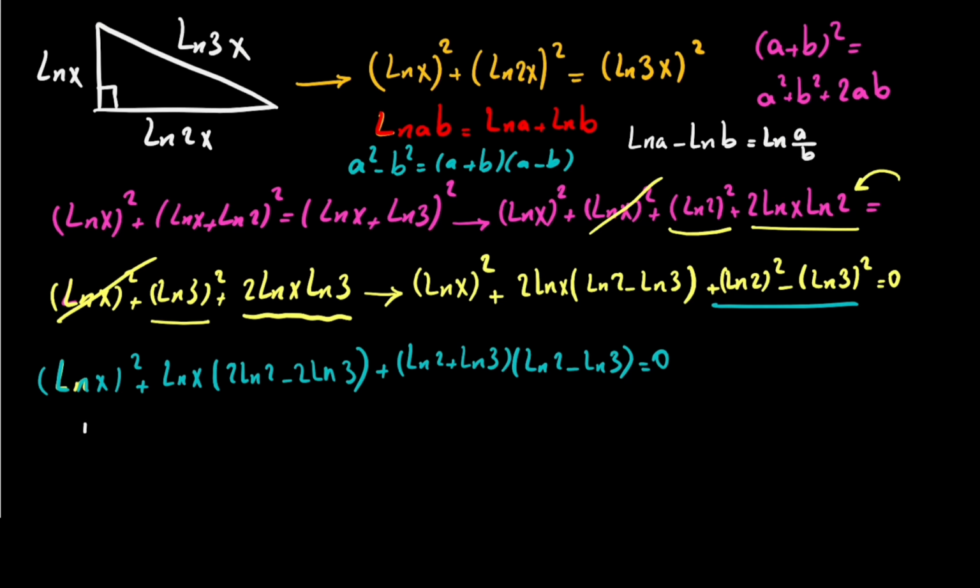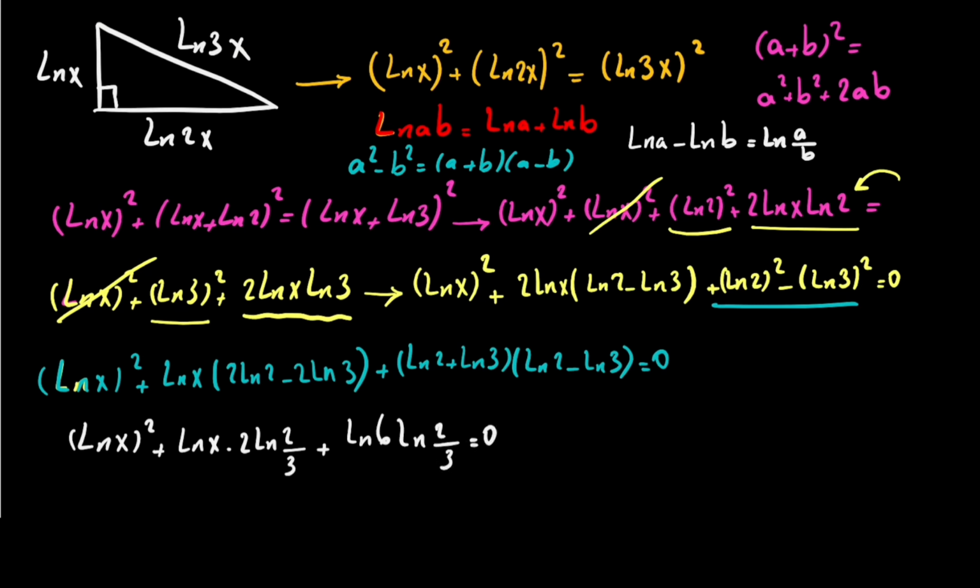So again, (ln x)² plus ln x times what? Times 2 ln 2/3. Yes, that's right. Plus ln 6 times ln 2/3. That's equal to 0, right?